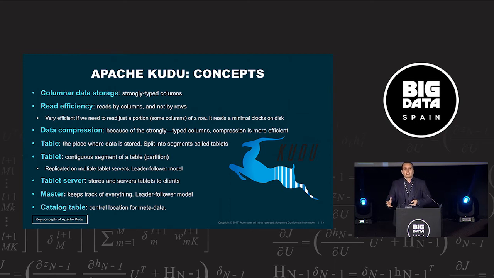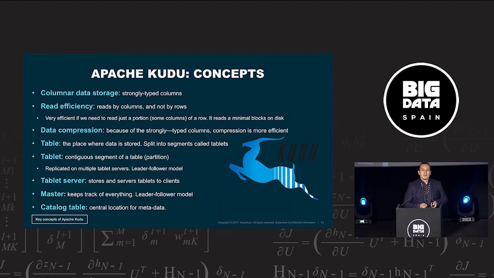So this means that you can fulfill your query by reading a minimal amount of data on disk. If you are working with a row-based store, you need to read the entire row, even if you are just projecting some of the columns. So in this sense, Kudu has better performance.